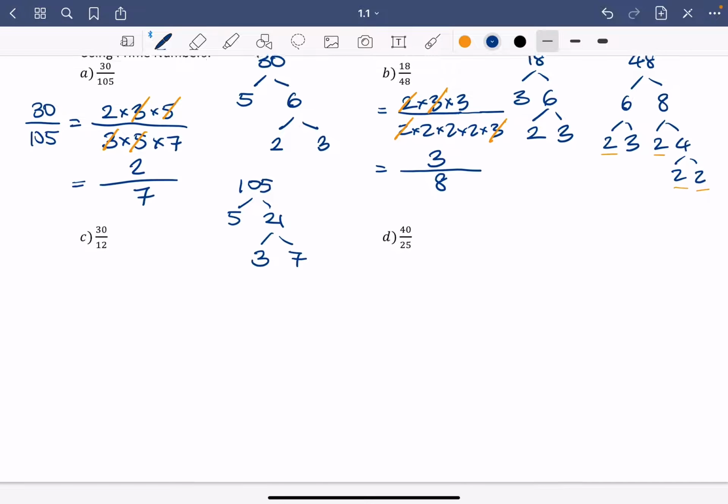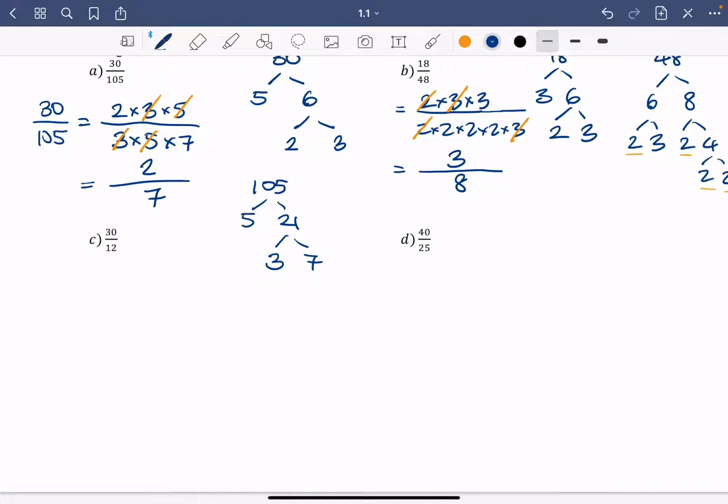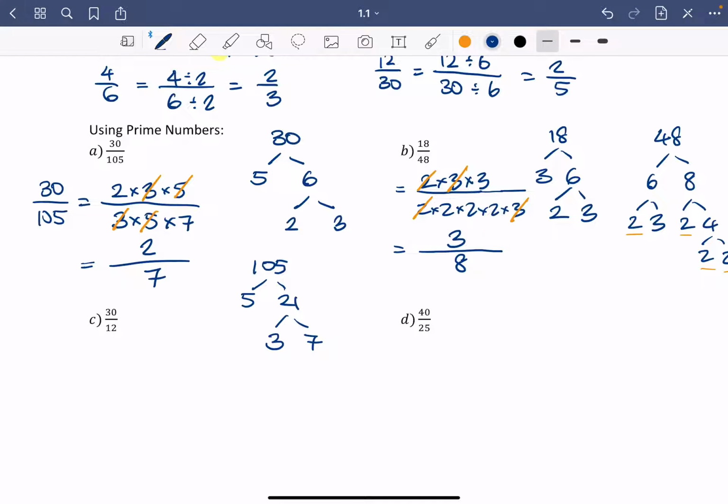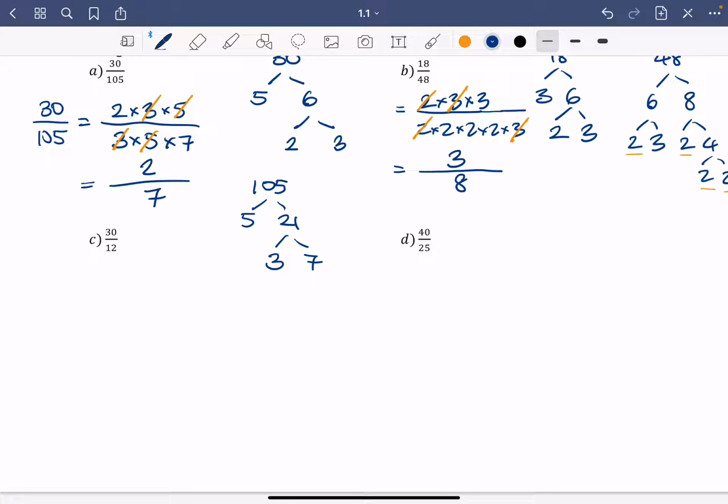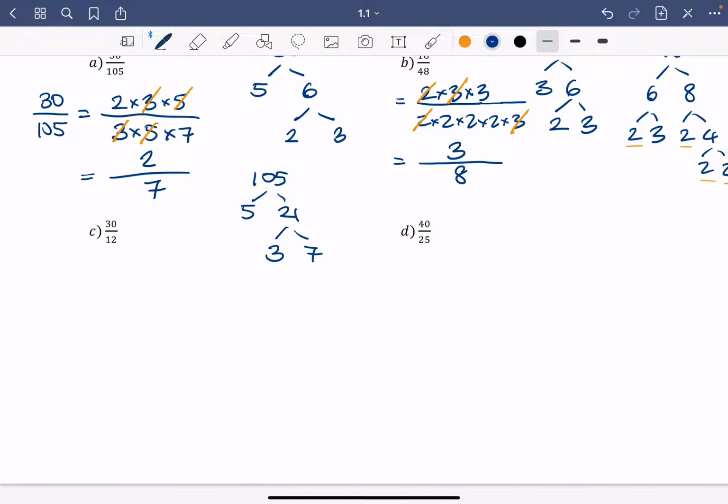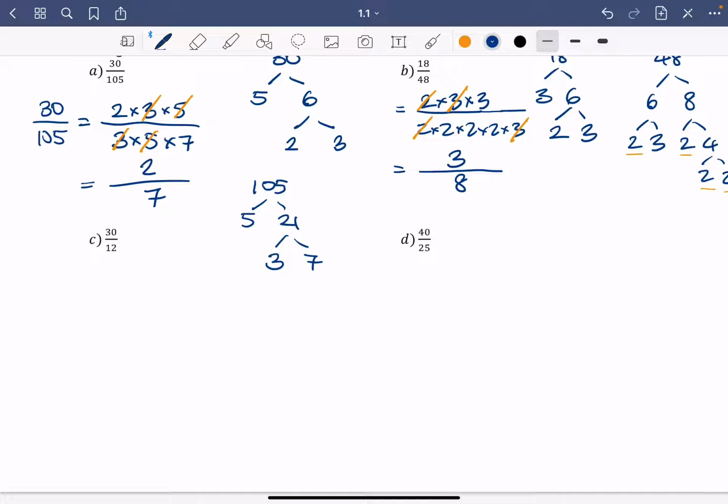Okay, 2 more questions. 30 over 12. You can use either one you like, actually. You can either use the greatest common factor method or you can use the prime numbers method. Okay, so let's just use the prime numbers method for these questions. So 30 is 5 times 6, and 6 is 2 times 3.